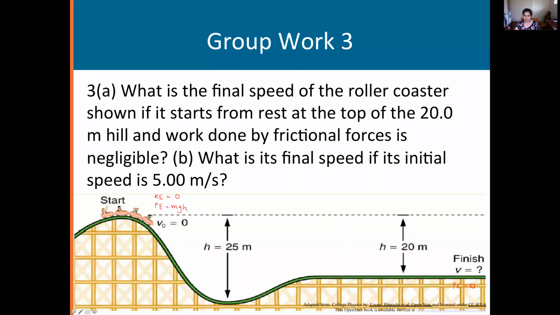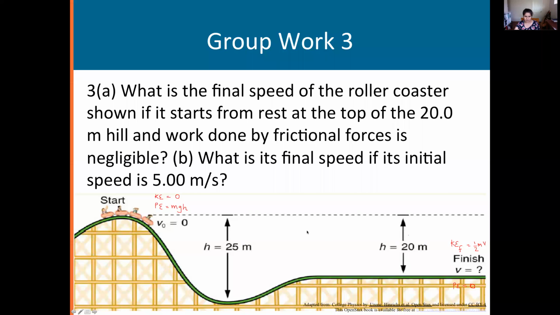And what is the total energy at this final position? At this final position, my potential energy is 0 by definition. We want to find out this velocity. That means it's got a certain velocity, which means it has final kinetic energy equals 1/2 mv_f squared.